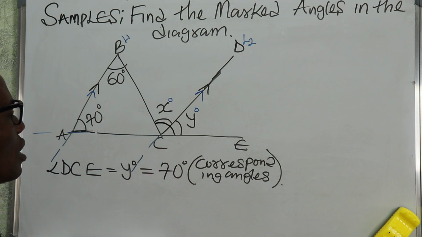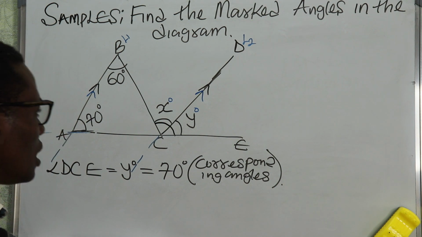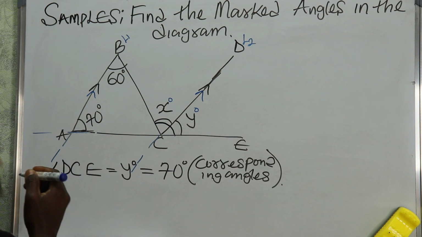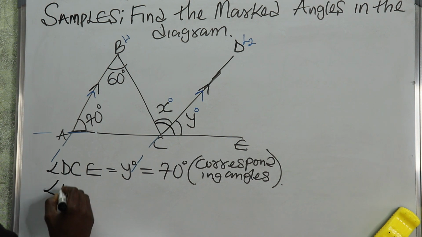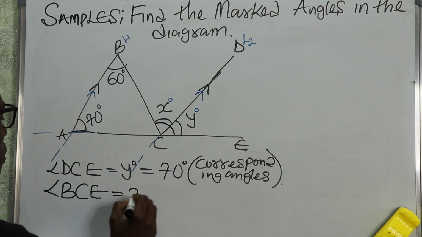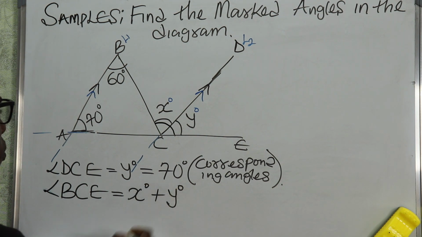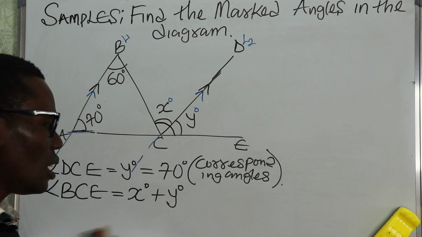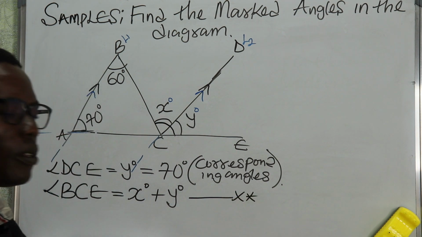To C. They are the angles at C. And now we can say that angle BCE is equal to X degrees plus what? Plus angle Y. That is the value we get for angle BCE. This is one equation we use to solve that value.